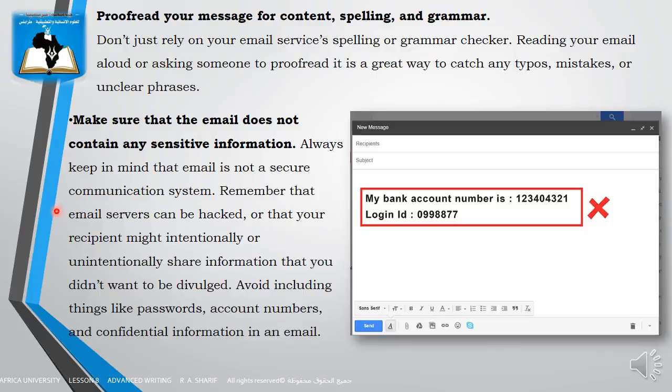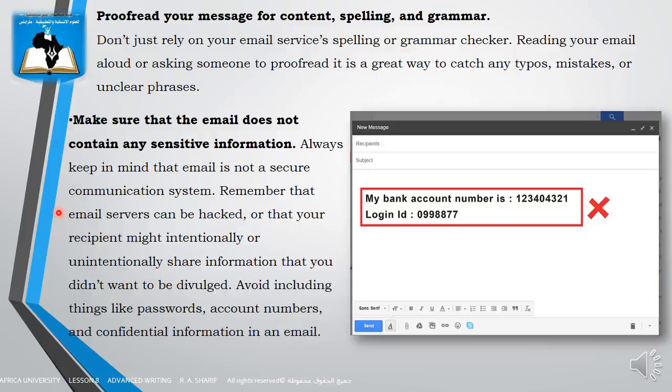Remember that an email service can be hacked, or that your recipient might intentionally or unintentionally share information that you didn't want to be divulged. Avoid including things like passwords, account numbers, and confidential information in an email. So try to avoid sending any sensitive information by email, okay?